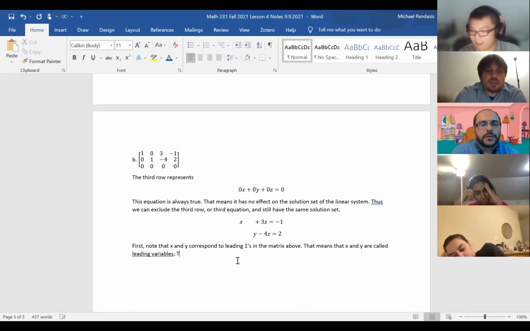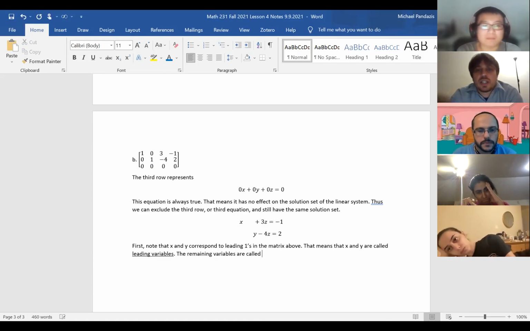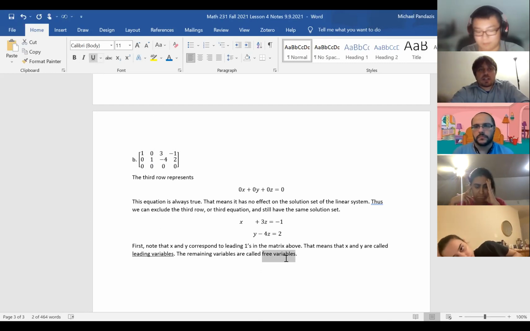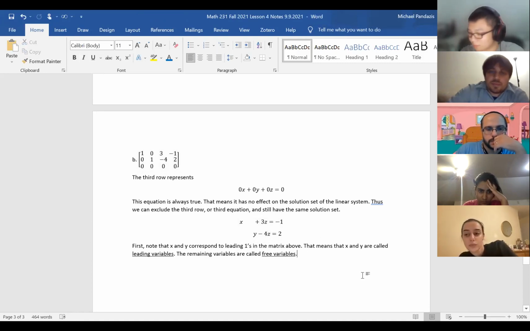The remaining variables are called free variables. Any variable that does not correspond with a leading one is called a free variable. So z does not correspond with a leading one, and so z is a free variable.